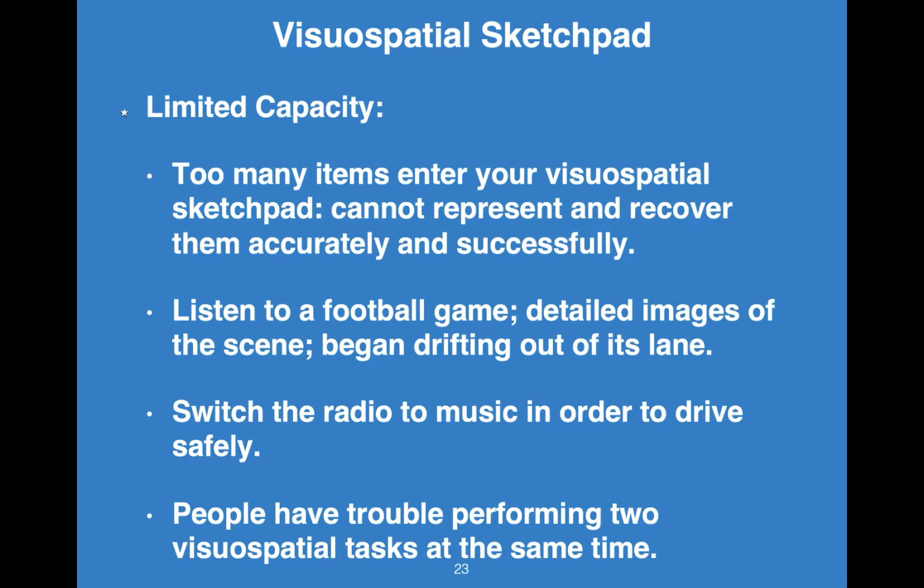Probably you have a computer in front of you and more items around the computer, and how accurately can you retrieve all the items? So the Visuospatial Sketchpad has limited capacity. That means it can be interfered with. How can one visuospatial task interfere with another?